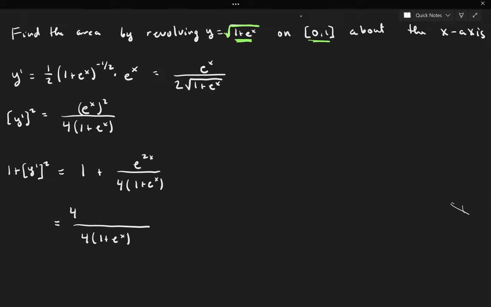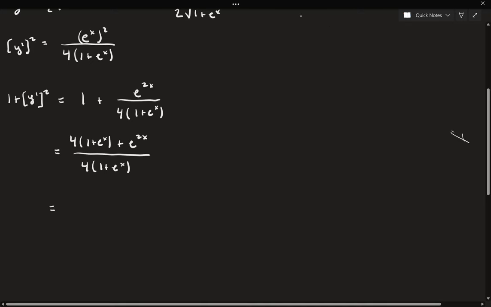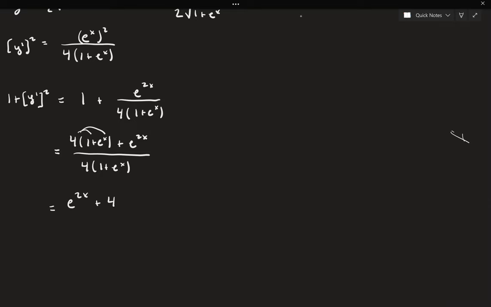And the 1 turns into 4 times 1 plus e to the x, and then the e to the 2x stays. And now I'll just distribute this. I get e to the 2x plus 4e to the x plus 4 over 4 times 1 plus e to the x. So that's 1 plus y prime squared.